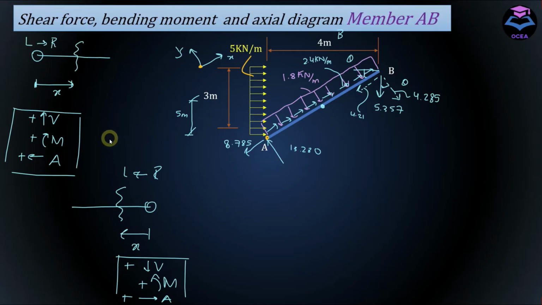And for this question I'm going to take the coordinate from the left hand side, that is I'm going to move from left to right, and I will be using these sign conventions, that is upward shear force will be positive, clockwise moment will be positive and axial force, which is towards the left, will be positive.